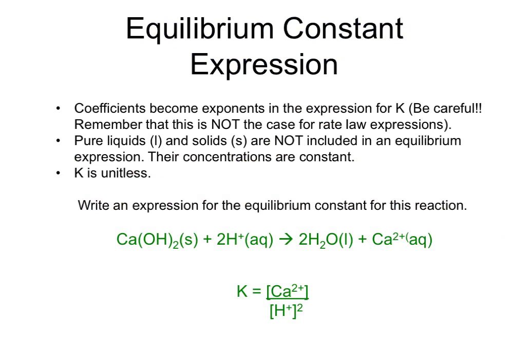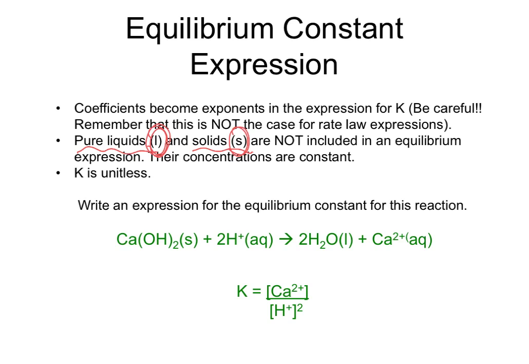All right, very important here. We're going to do some practice writing equilibrium constant expressions, but I want to point out that if a substance is a pure liquid or a solid, and you'll be able to tell, well, some of them you'll probably know, but you'll be able to tell by the phase notation in the balanced equation, they are not included in the equilibrium expression, and that's because the concentration of liquids and solids remains constant.